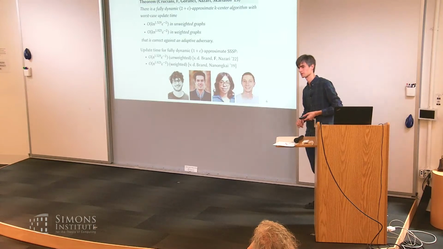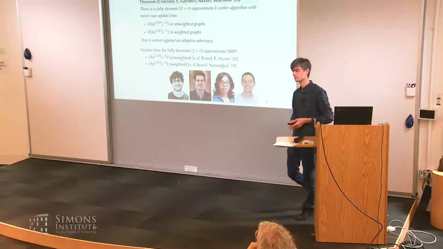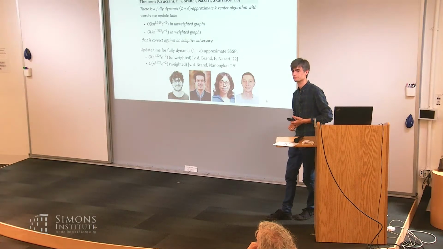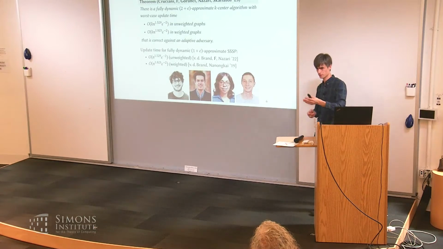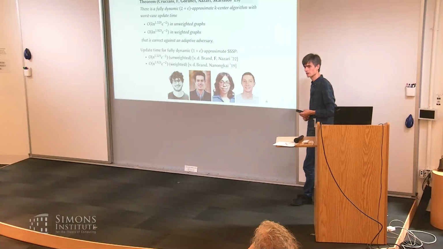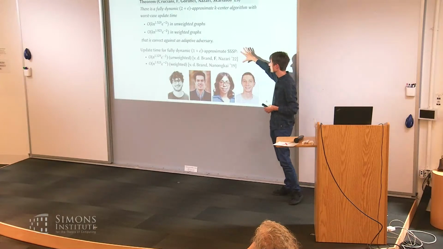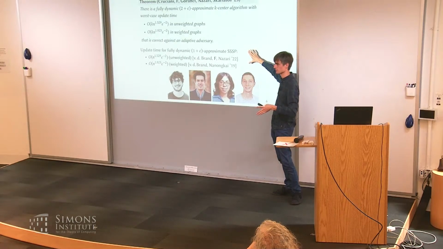In the fully dynamic setting, it can be k per update, where k is the number of centers, the trivial thing. So this is a reduction: any approximate single source shortest path algorithm you have, if it works against an adaptive adversary, you can use that.